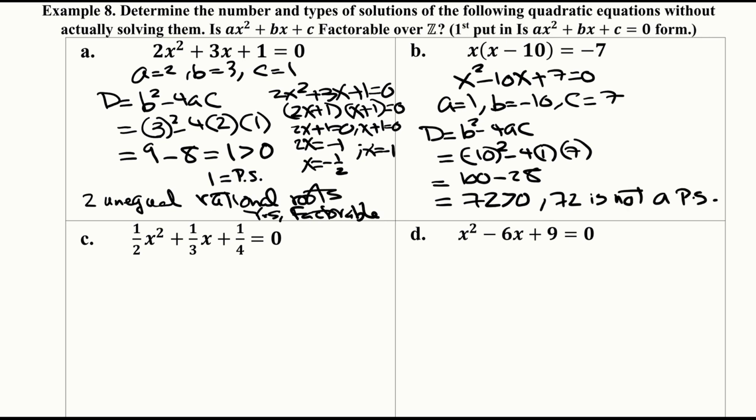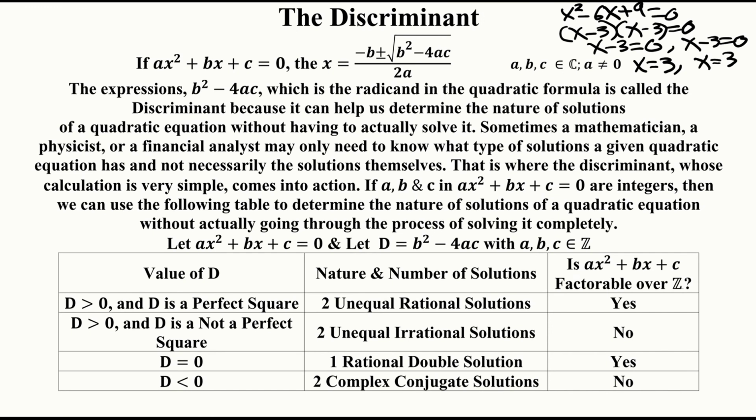So if you recall from our previous screen, that means it falls into this category. So it's positive, but it's not a perfect square. Because it's not a perfect square, the square root of a non-perfect square ends up being irrational. So we're going to get two irrational solutions from that equation.